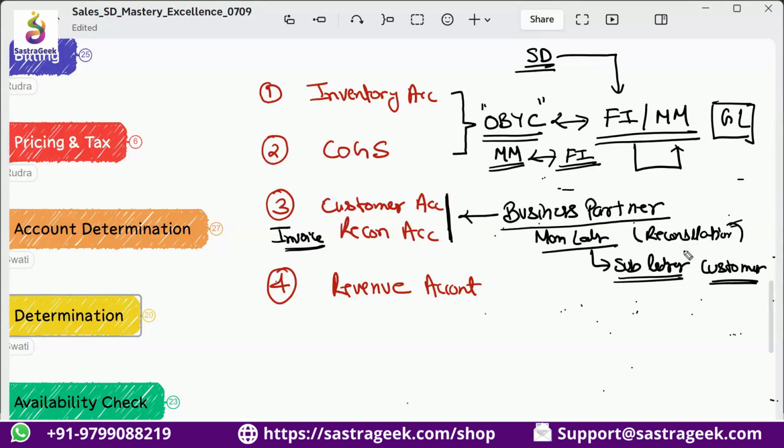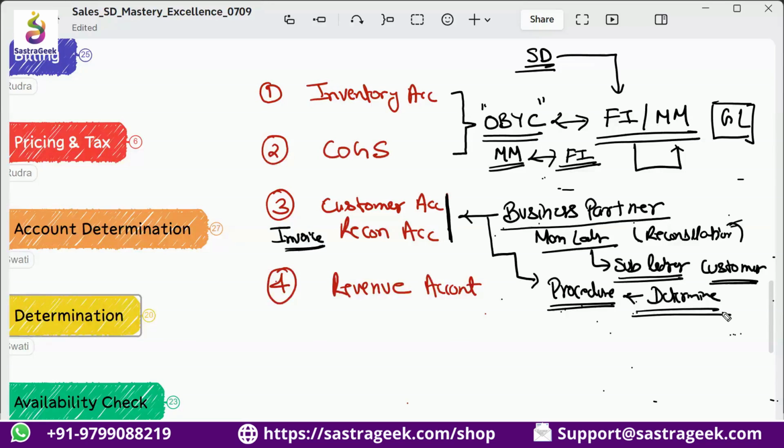So that comes from the business partner. But if you don't want to bring it from the business partner, there is a procedure available by which the reconciliation accounts can also be determined based on different conditions. It need not be only the business partner or only the customer.